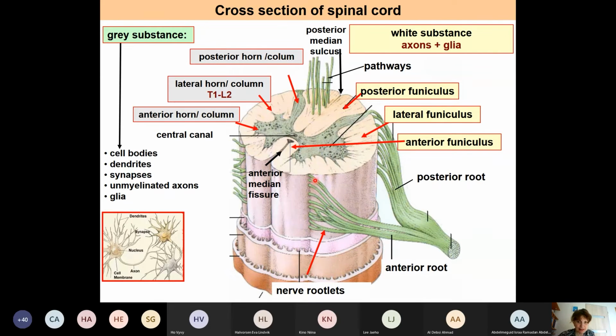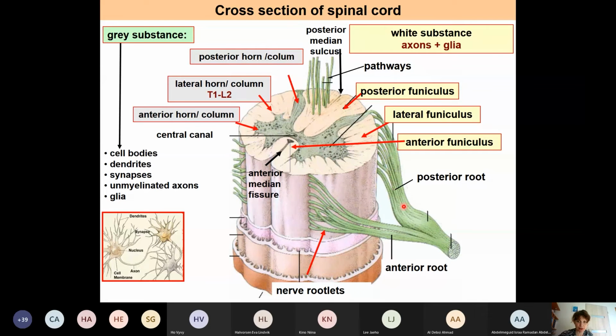You can see that the nerve fiber bundles exit continuously. So under each other you have lots of so-called nerve rootlets. We have it anteriorly and also posteriorly, and they will then unite and they will form the so-called roots.